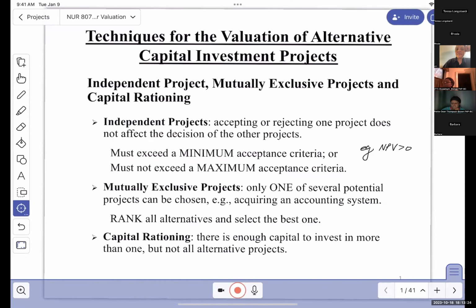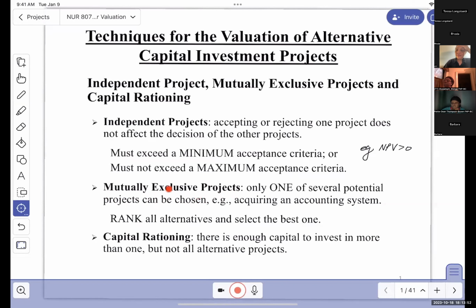What if you had to compare that project to another project? Say, not MRI machines, but we have so much money, let's buy a clinic and duplicate our services. In that case, we're going to compare two projects. We call that mutually exclusive project analysis. So you're going to compare them and you can only pick one of them.